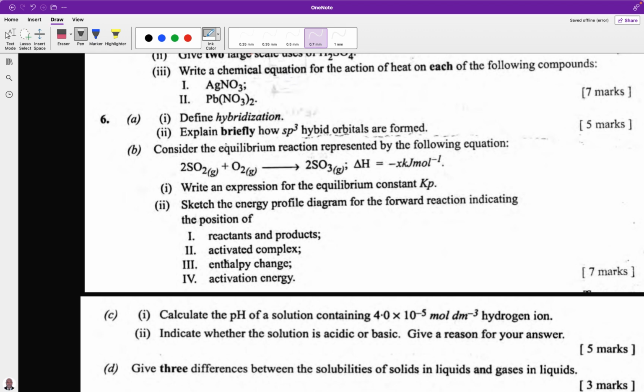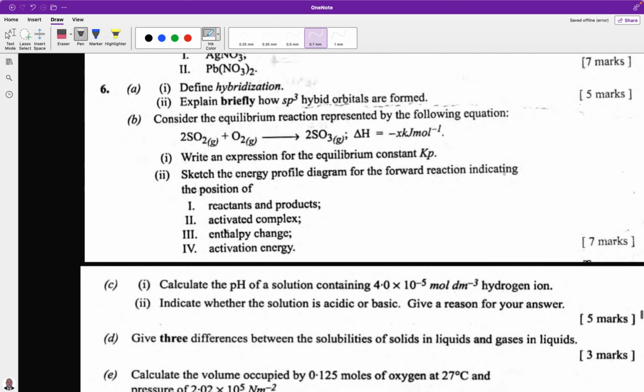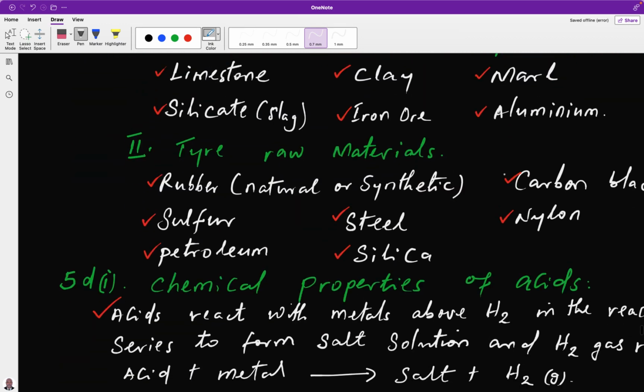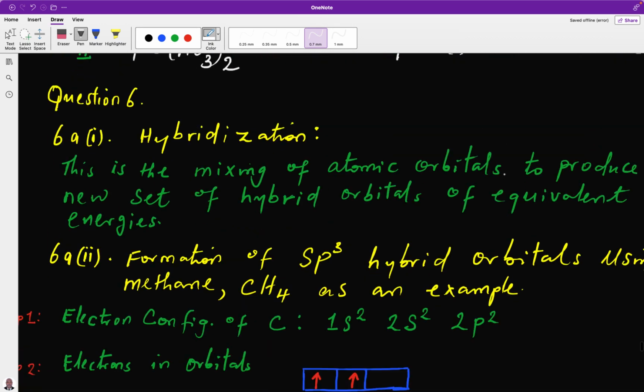This reaction is exothermic, with enthalpy change of minus X kilojoules per mole. Write an expression for the equilibrium constant Kp. That's for the partial pressure Kp, because all these are gaseous reactions. So this is how the equilibrium constant Kp for that reaction is written.